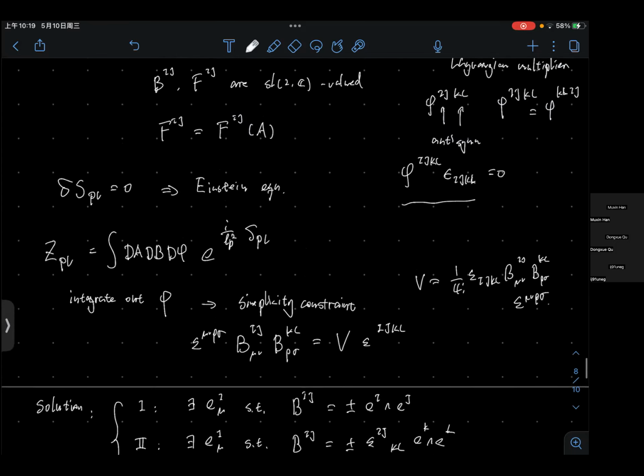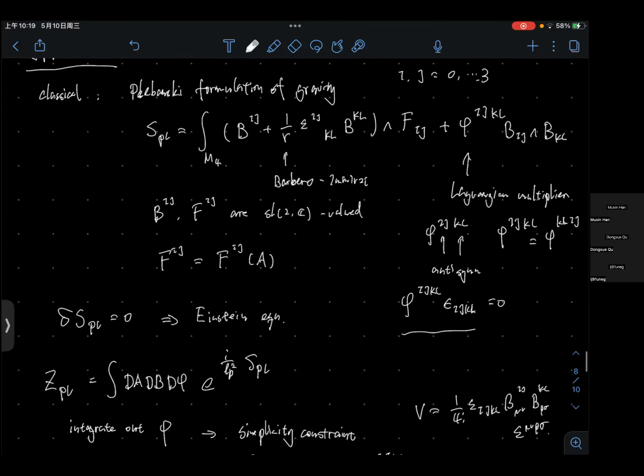And if you look back at the Lagrangian, if you say B equals e wedge e or epsilon e wedge e, this action just reduces back to the usual Palatini-Holst action. There's a Barbero-Immirzi parameter, so there's a twist of e wedge e. So it goes back to the Holst action, actually.